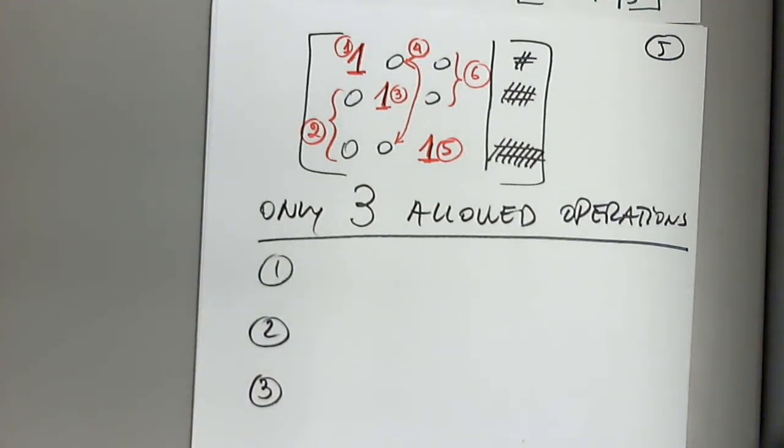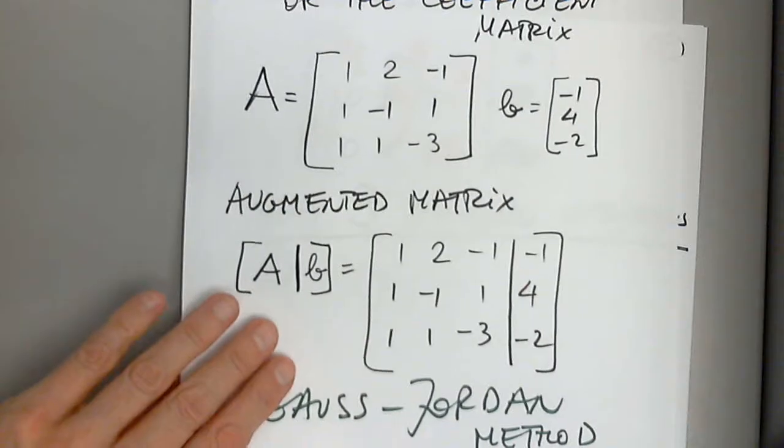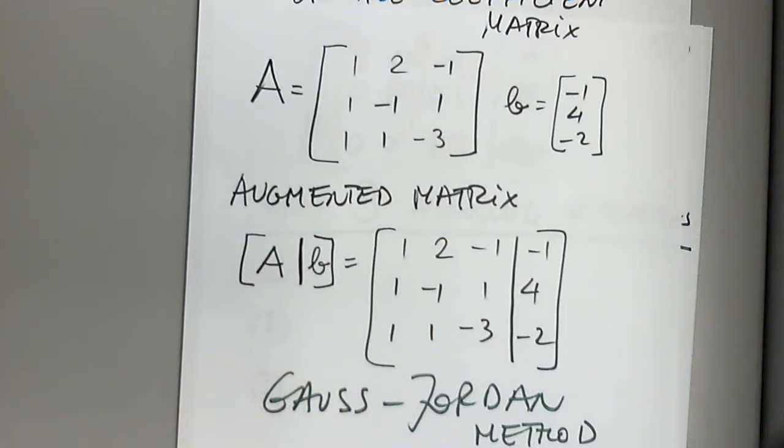Okay, so I'm going back for a moment. Back to the augmented matrix. Here it is. Question for you. What if I take this row and put it here, and take this row and put it here? Will I change the solution of the system? No. I can change the order of the equations.